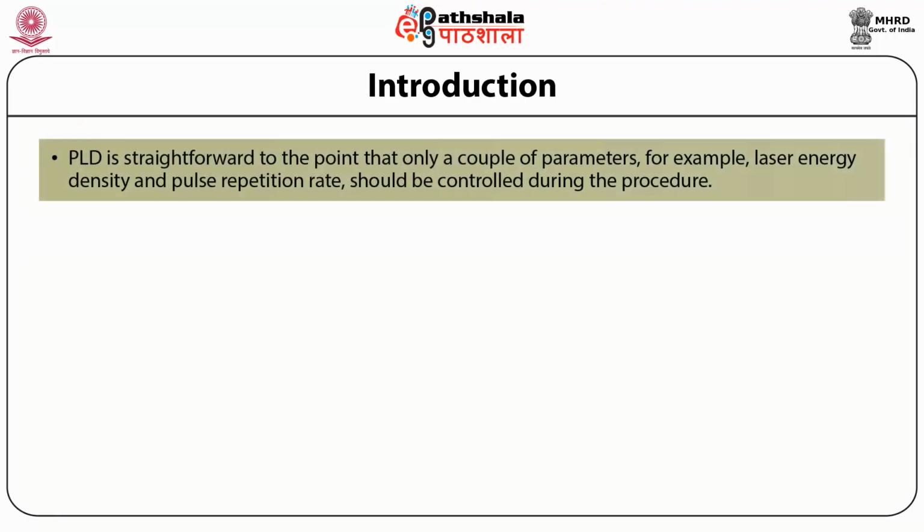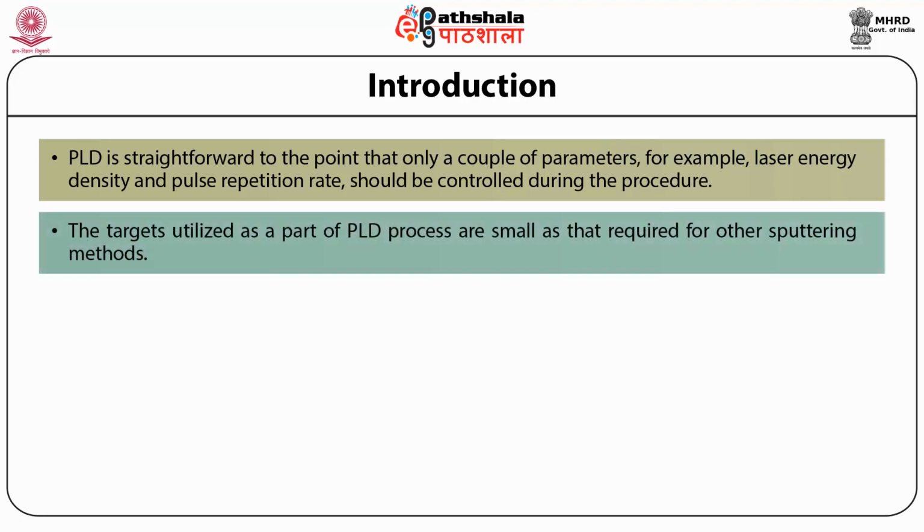PLD is so straightforward that only a couple of parameters, for example, laser energy density and pulse repetition rate, need to be controlled during the procedure. The targets used in the PLD process are small compared to those required for other sputtering methods.